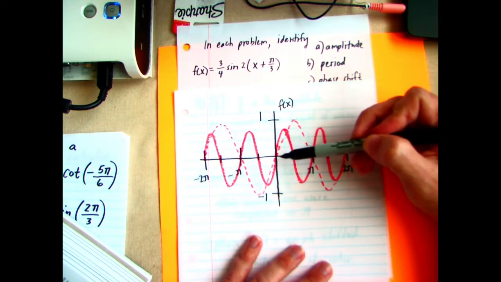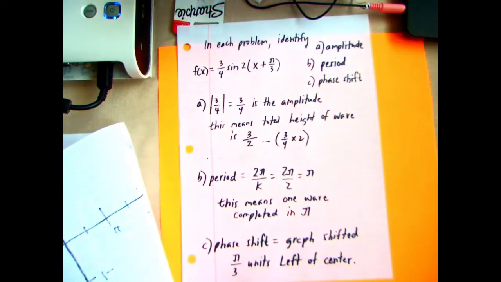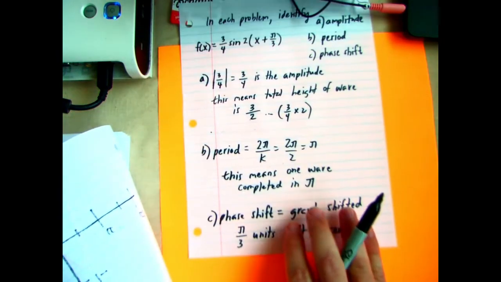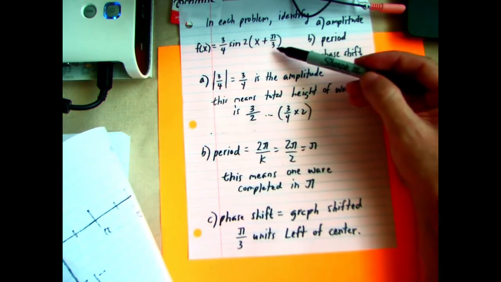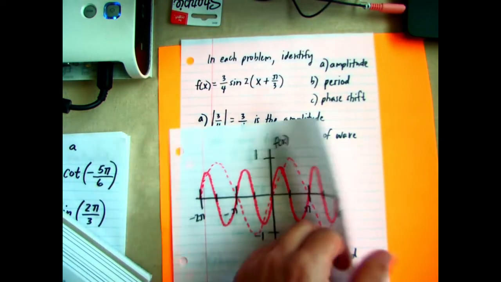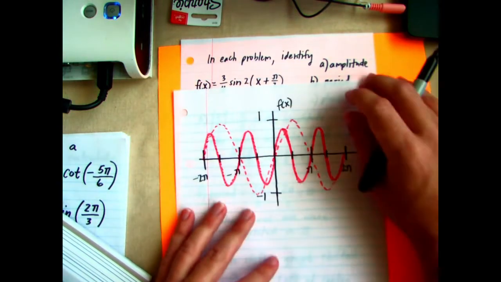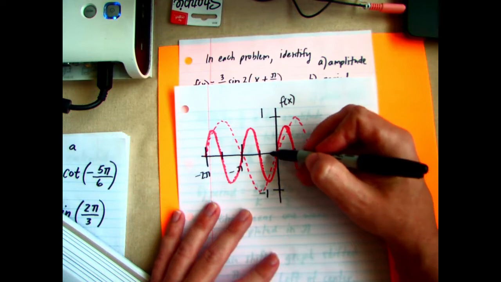Right now I'm just pointing out that the amplitude is 3/4. But we haven't applied our phase shift yet. So we're going to go pi over 3 units to the left. Again, we're going to go against the plus sign in our equation. So we're going to go pi over 3 units to the left.